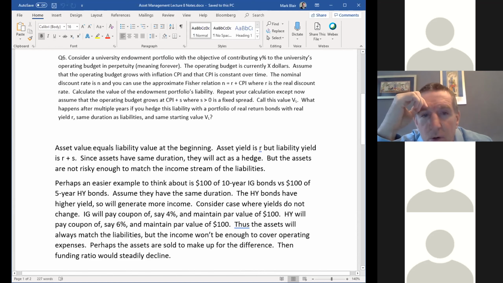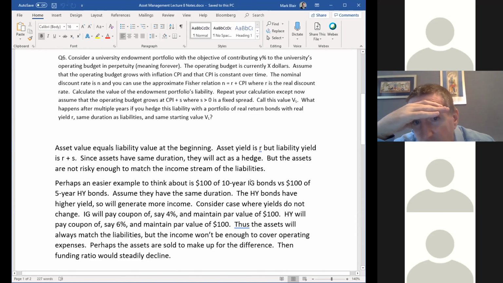Let's think about that in a way that is a little more intuitive. This example is very similar to having $100 of 10-year investment grade bonds versus $100 of 5-year high yield bonds. You should be aware by now in this course of two facts.